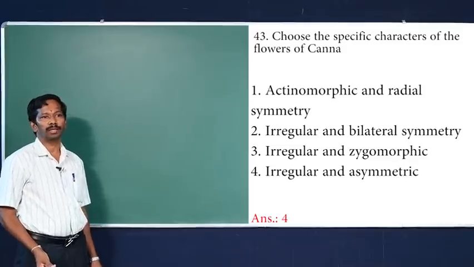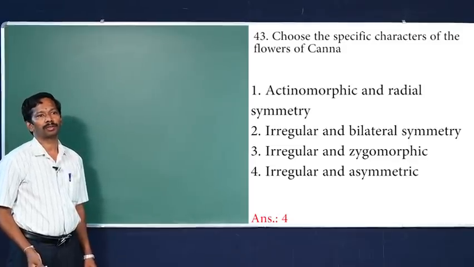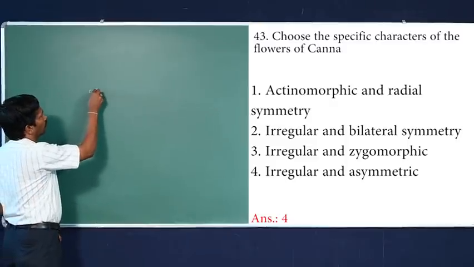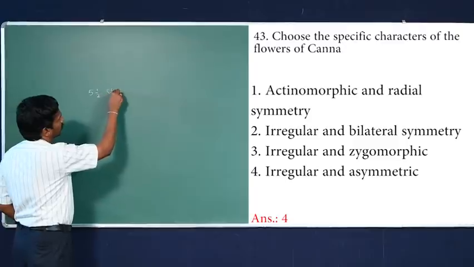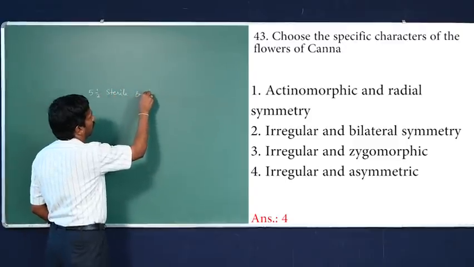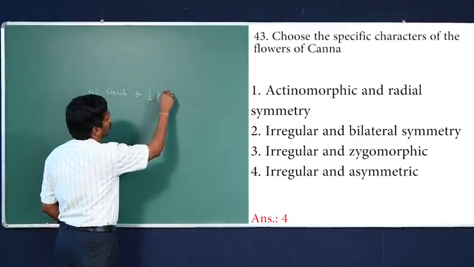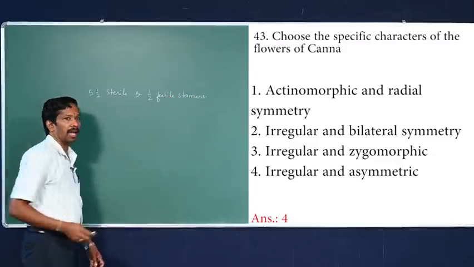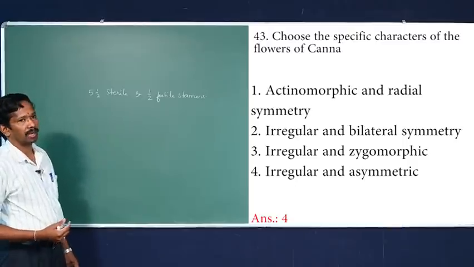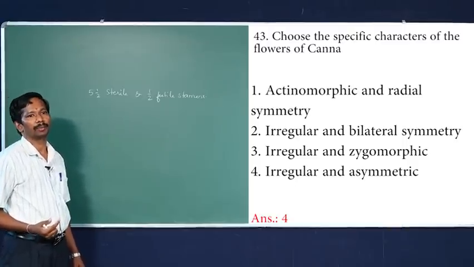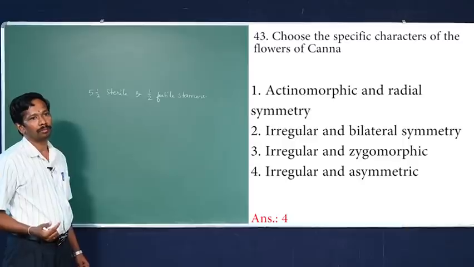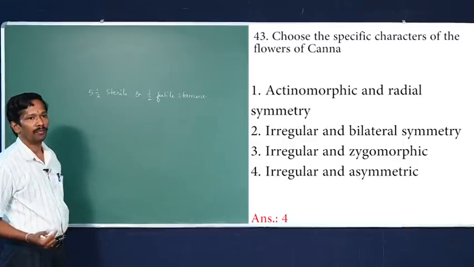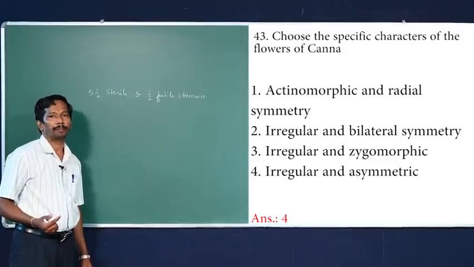Canna appears to be actinomorphic flower, but once again because of presence of 5½ sterile stamen and half fertile stamens, it is not actinomorphic and it is not even represented by bilateral symmetry or radial symmetry. Hence it is irregular, which is represented by asymmetric condition. So answer should be 4 for question number 43.